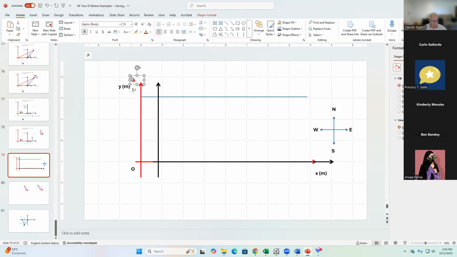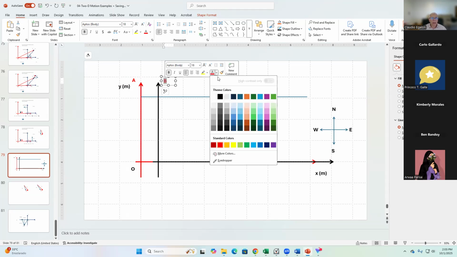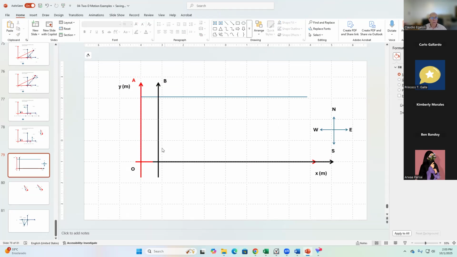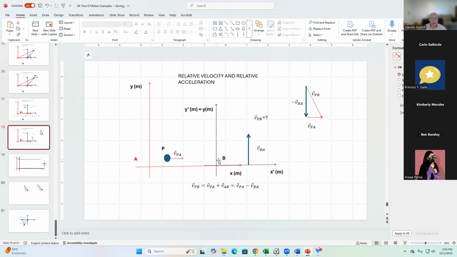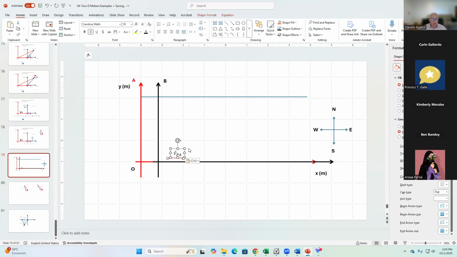Referential B is the referential of the water current that's moving, moving towards the east. And I'm going to get the relative velocity vector of this referential right in here.